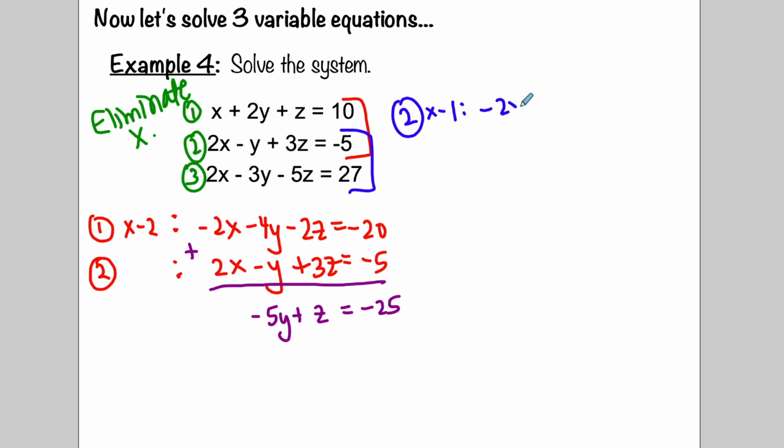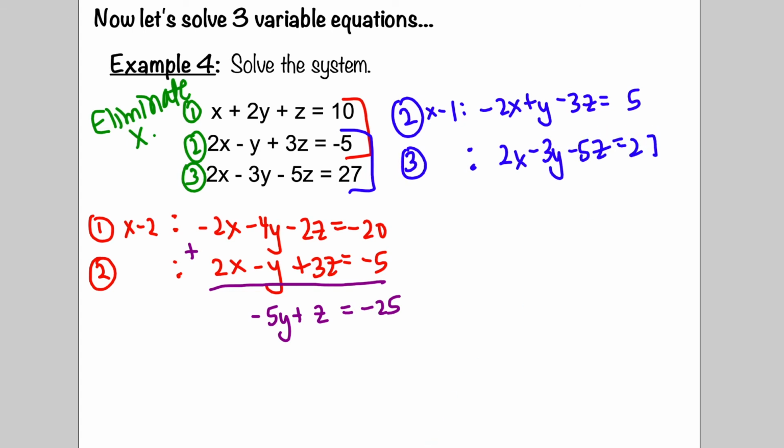So I have -2x plus y minus 3z equals 5. Then I'm taking my equation 3 as is: 2x minus 3y minus 5z equals 27. Then we add those 2 together. The x's are canceled. I am left with -2y minus 8z equals 32.